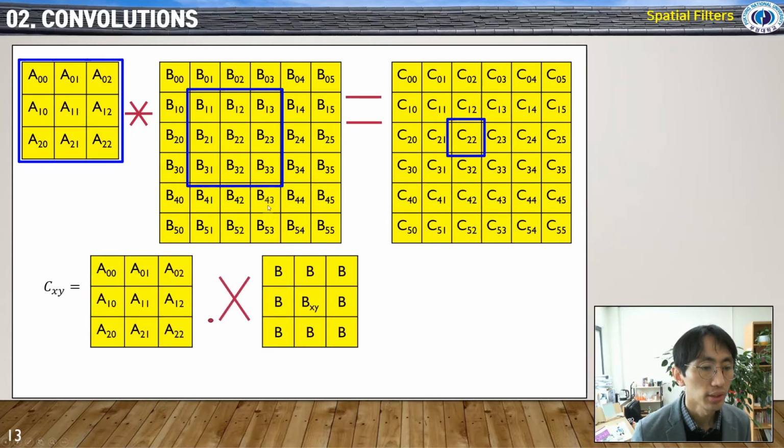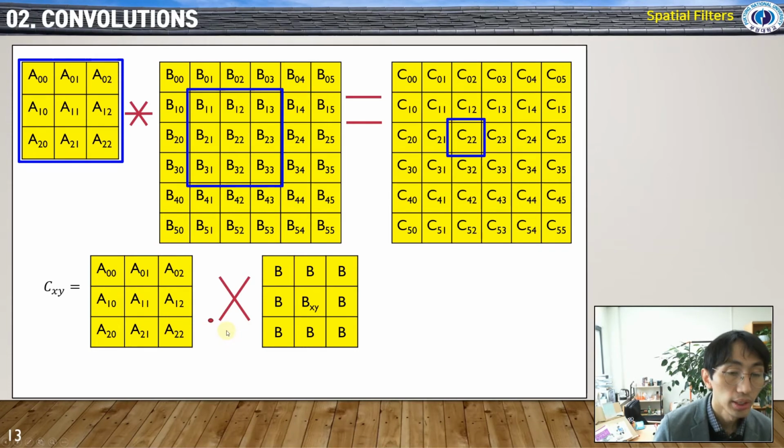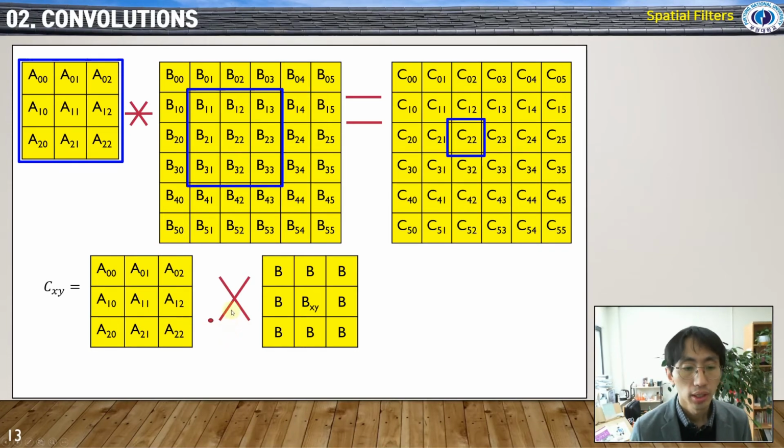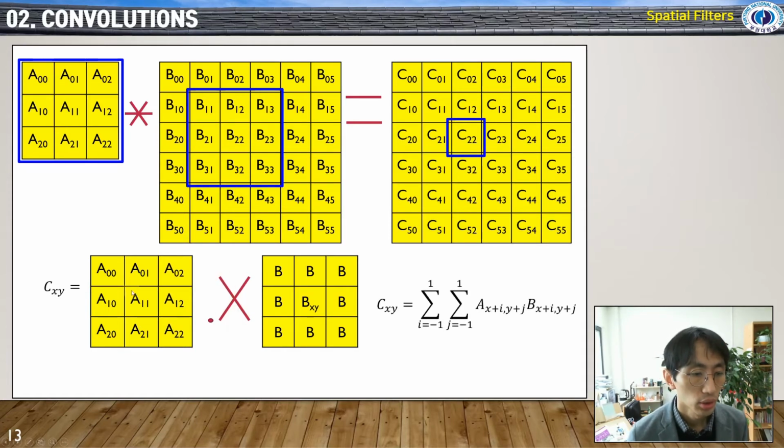Okay. Then here you may calculate it. You may multiply element-wise, which means you calculate A00 multiplied by B, and A01 multiplied by B01, and so on.